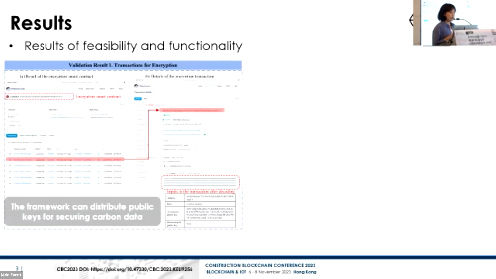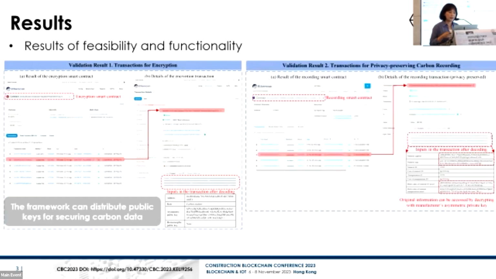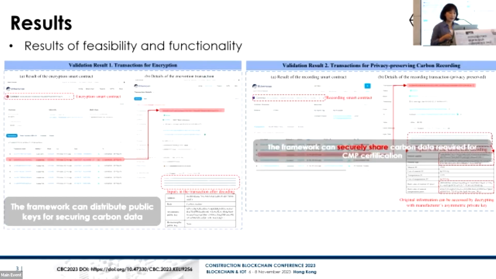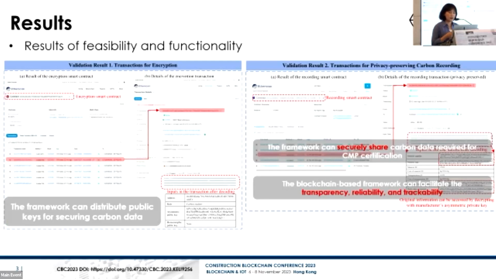Here we can see the contract address, and it shows the framework can successfully distribute public keys to secure carbon data. We can also see the whole information that's shared in this engine, and the important data have been securely shared. In that way, we can see this framework can facilitate transparency, reliability, and trackability.